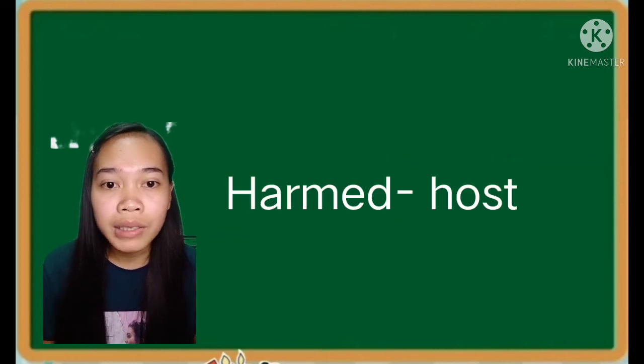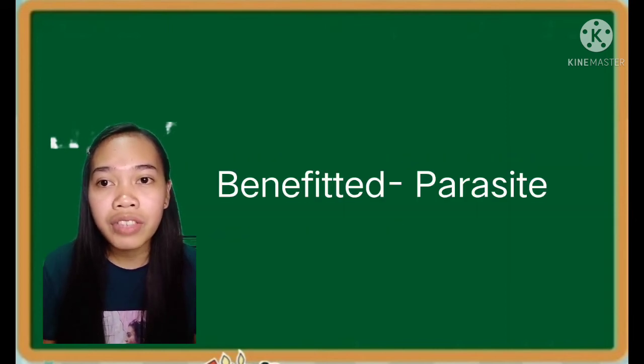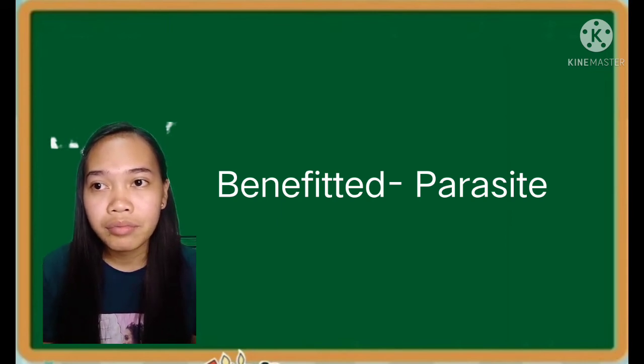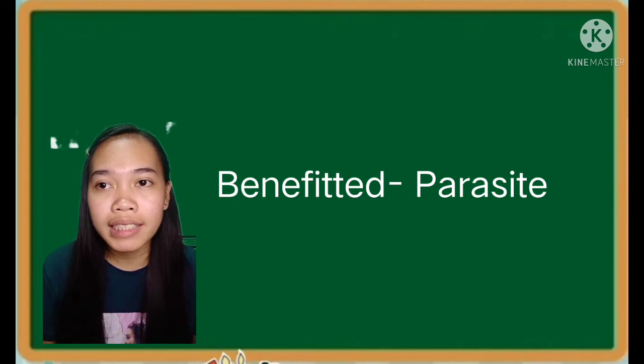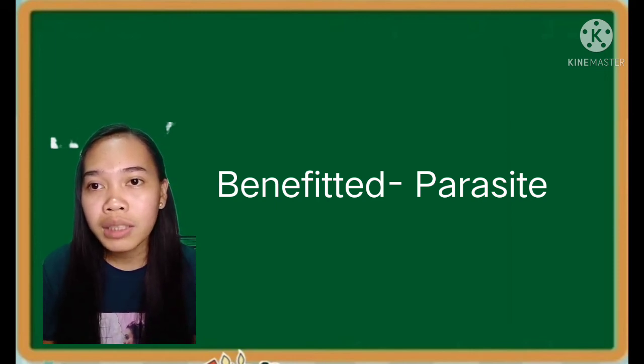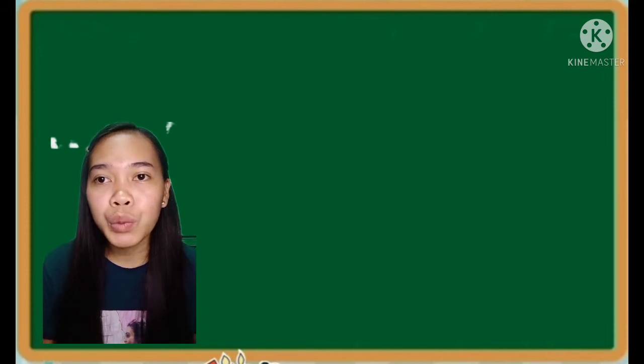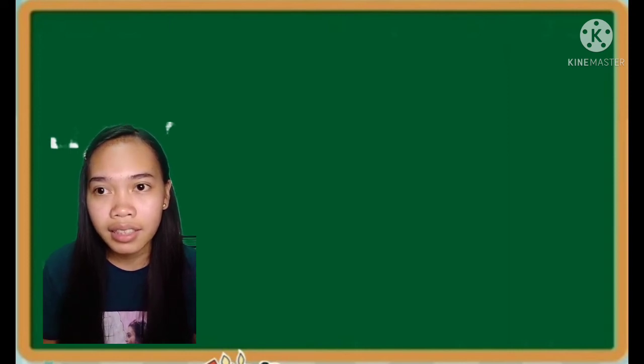The harmed one is called the host and the benefited one is called the parasite. A parasite usually takes a host which is larger than its body size. Usually, a specialized parasite does not kill the host at least until it has completed its reproductive cycle.